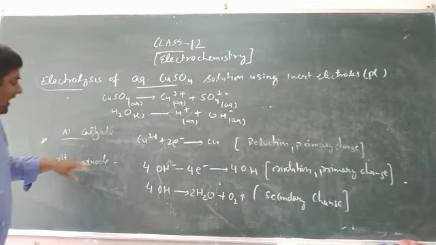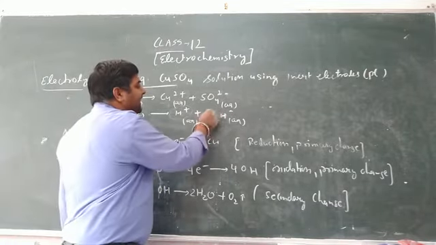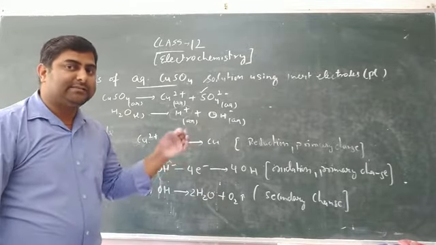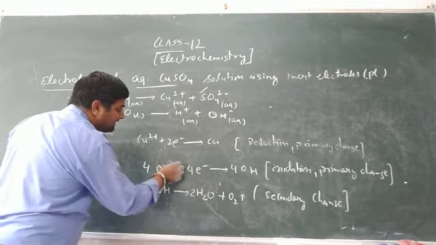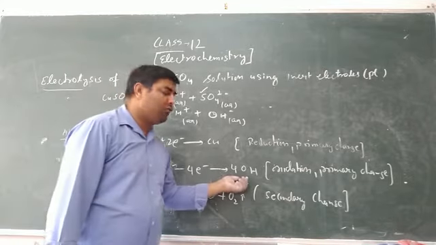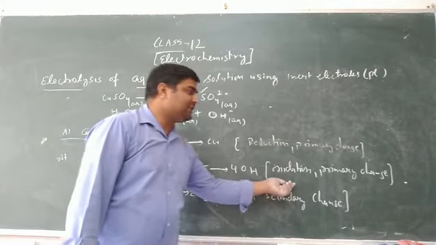Whereas at the anode, both hydroxyl ions as well as sulfate ions move towards the anode. Since the discharge potential of hydroxide ions is lower than that of sulfate, we get 4OH on the anode. Hence, oxidation takes place.